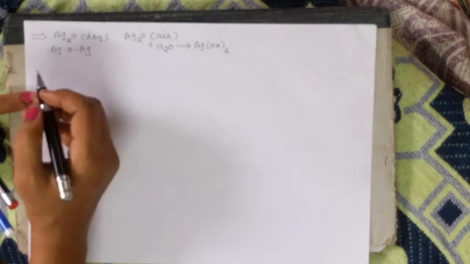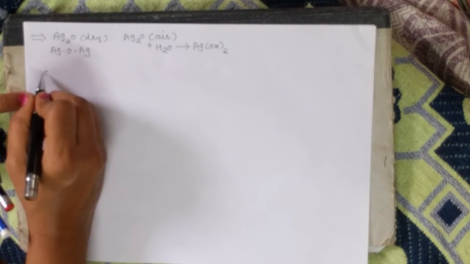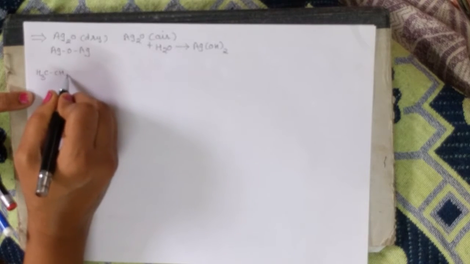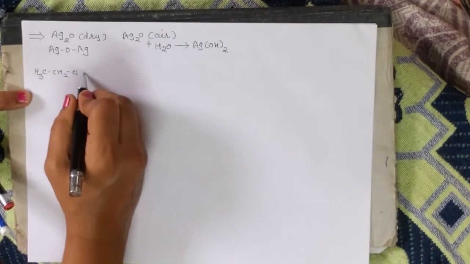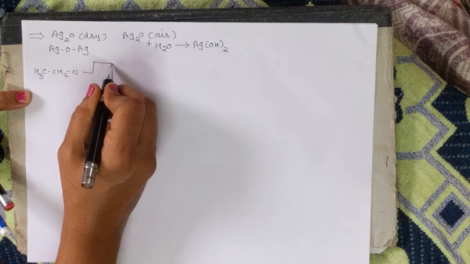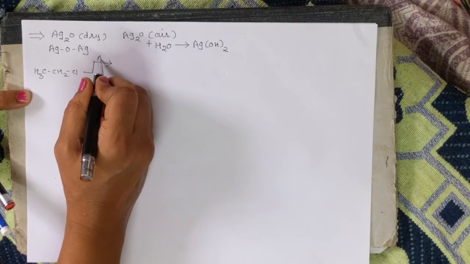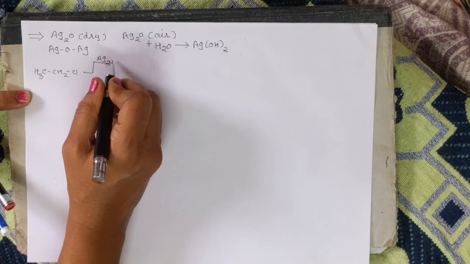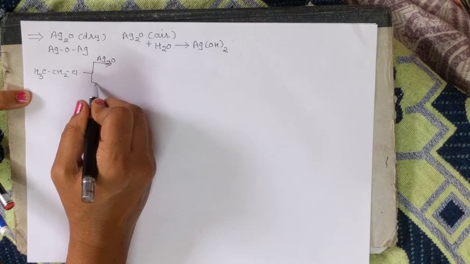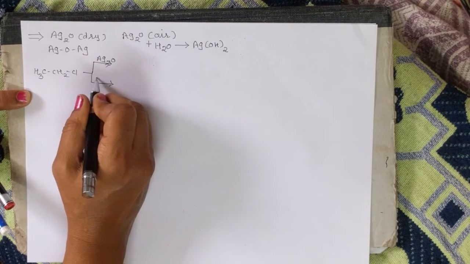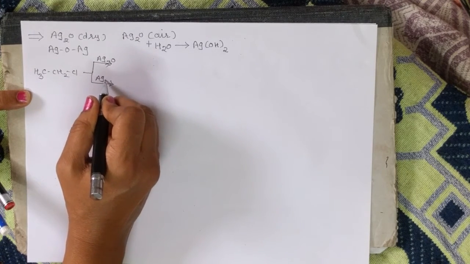So now we'll understand what the product will be. We'll take the same example, methyl chloride, with dry Ag2O, and this is in the presence of air.